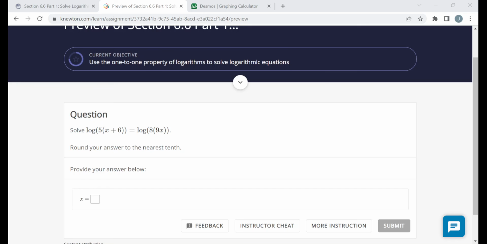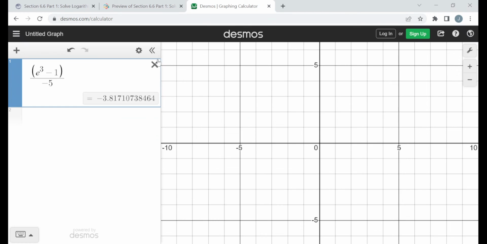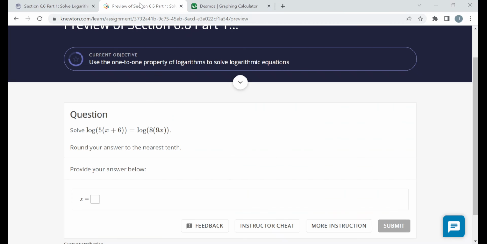So let's punch that in the calculator. 30 divided by 67. And if we're rounding this to the nearest tenth, it's 0.44, so 0.4. That would stay 0.4. And that's what I'll enter, 0.4.